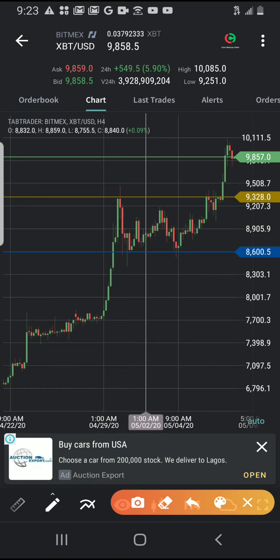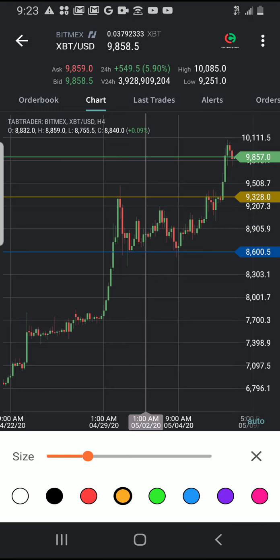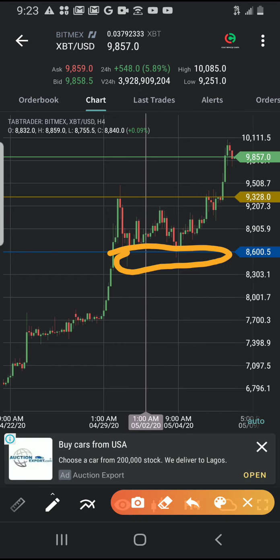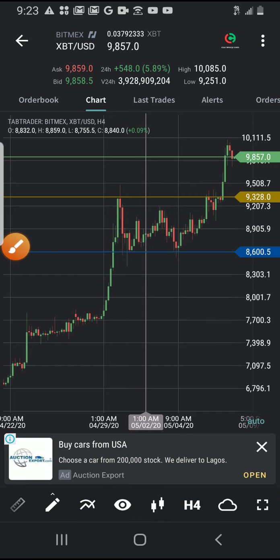So what happened here is that this price, the 8586 region, is actually a support, because if you noticed, we have tested this many times.